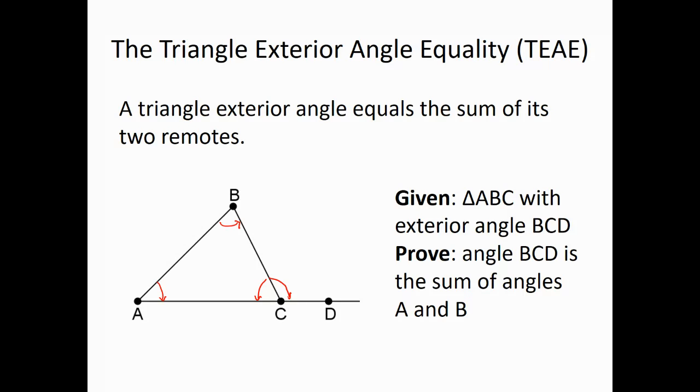So what then follows is that BCD and the sum of A and B are supplementary to the same angle BCA. And we know by the same supplements theorem that measures supplementary to the same third measure are, in fact, equal to one another. So I'll let you write that out.